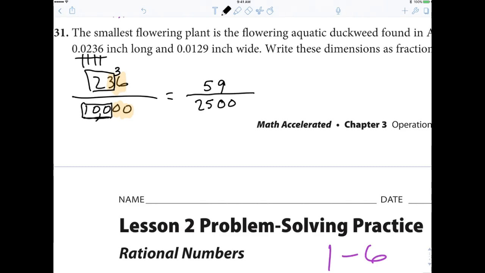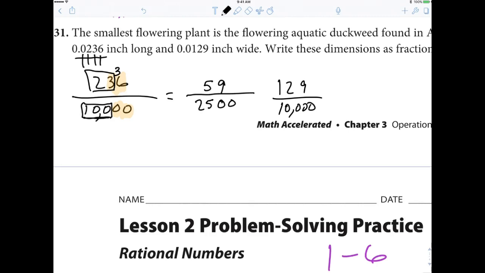Everybody happy? Now, the next one, 0.0129, is kind of the same thing: 129 over 10,000. Now I'm trying to figure out if that reduces by anything. Well, what number goes into 129? You should be able to see that. 3.